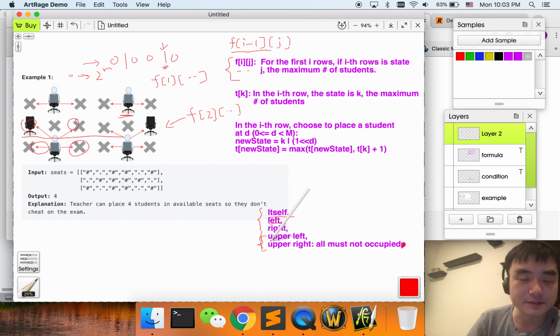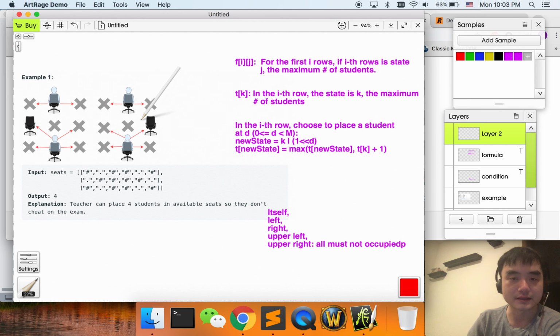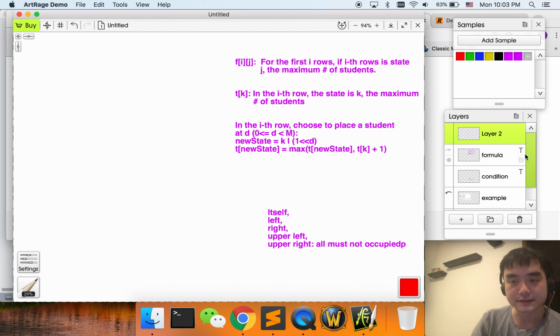So this part can make use of the state of the upper row. I guess that's it. We can now take a look at the code here.